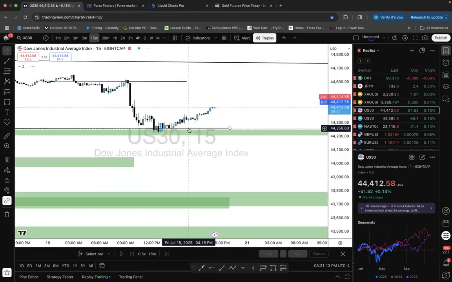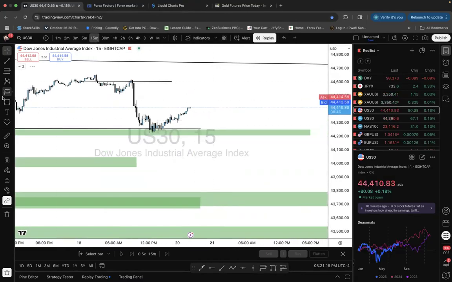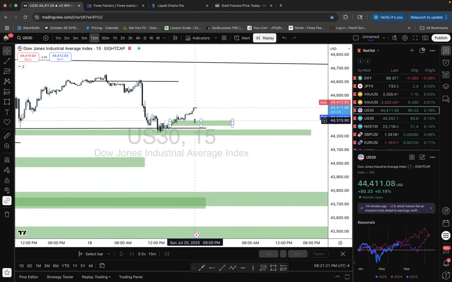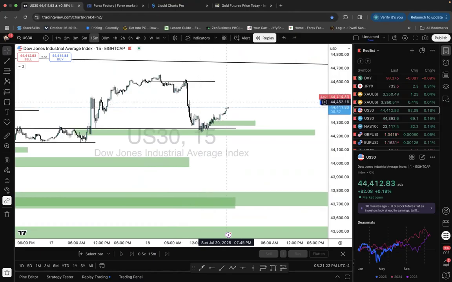So whether it's a retracement in New York or a retracement in London, until further notice, we will consider this a bullish structure. Does everybody agree? Yes. Okay.